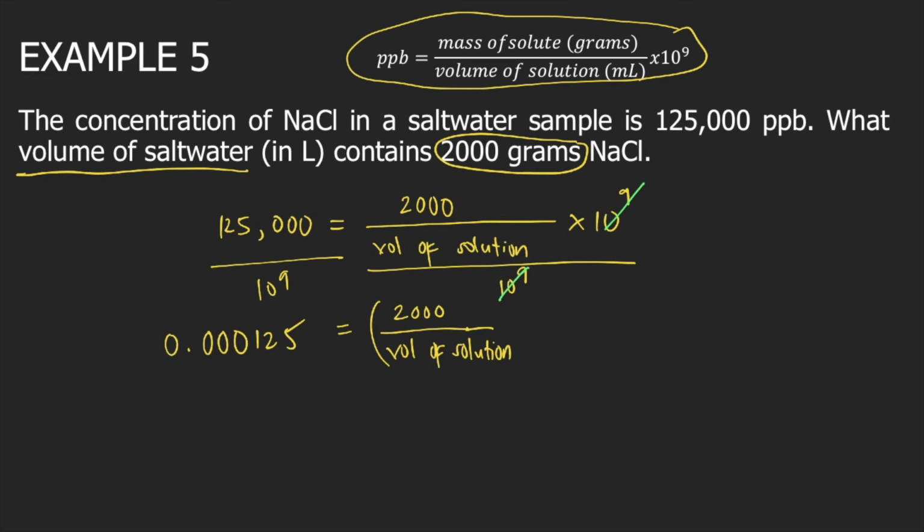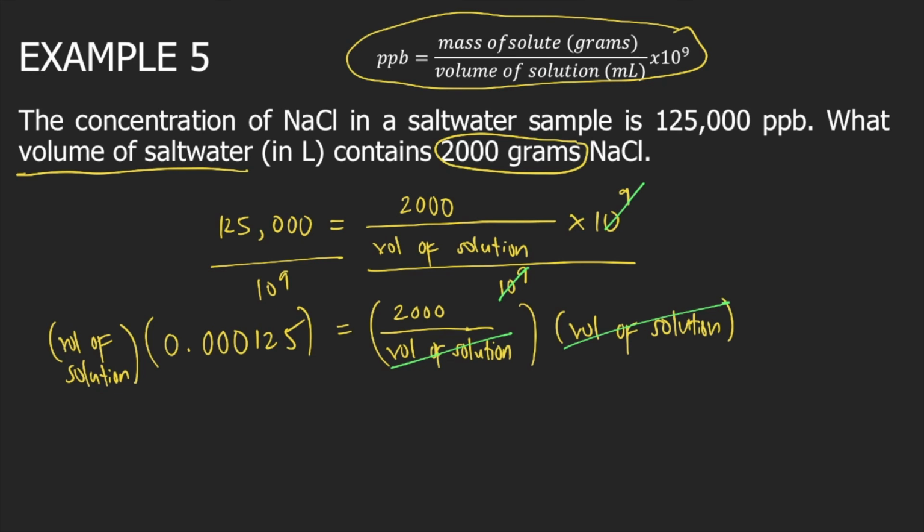Then multiply both sides of the equation by the volume of solution. So volume of solution will cancel on the right side, and what remains on the right side is 2,000.